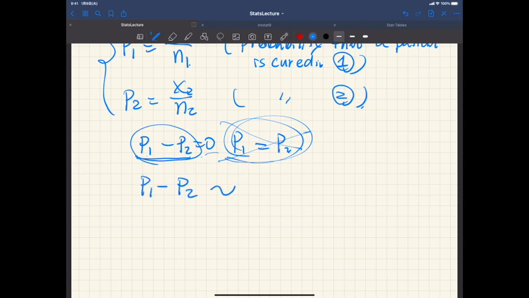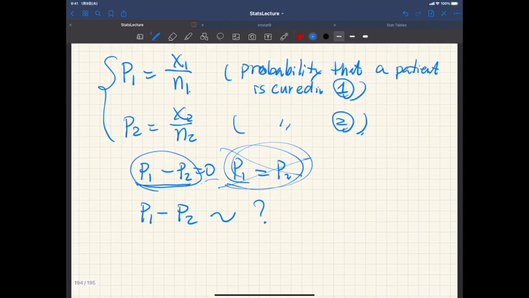In order to do so, we want to find the distribution to which P1 minus P2 follows. So what kind of distribution is that? Of course, it will be a normal distribution, but let's see how we can get this.